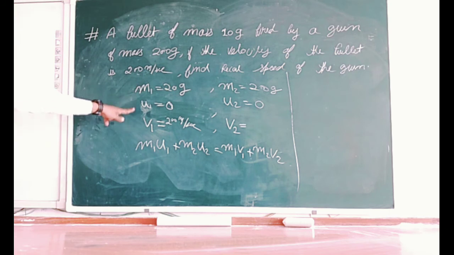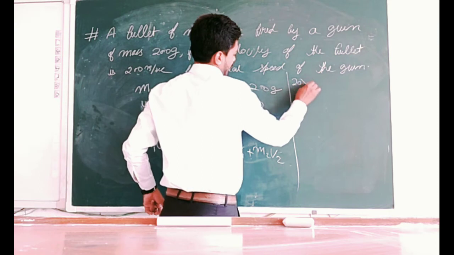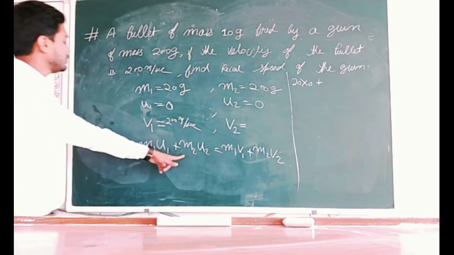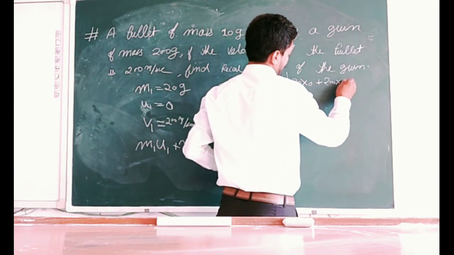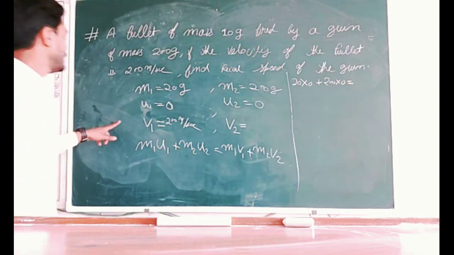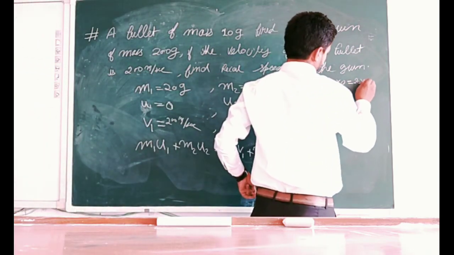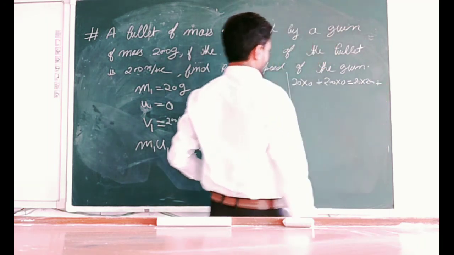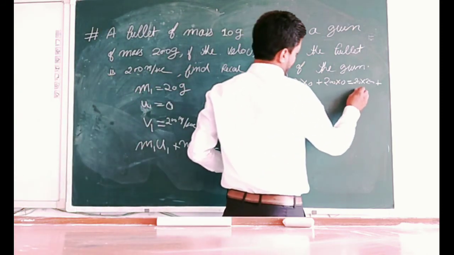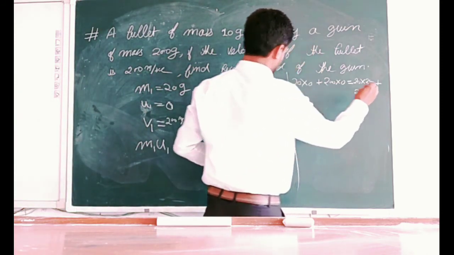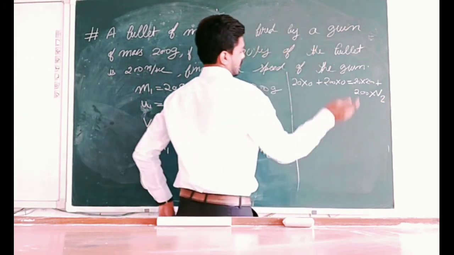Here we are going to substitute the values. m1 u1 is 20 into 0, plus m2 u2, 200 into 0, is equal to m1 v1, 20 into 200, plus m2 v2, and m2 is 200, and here v2 is to be found. Then we are going to solve.